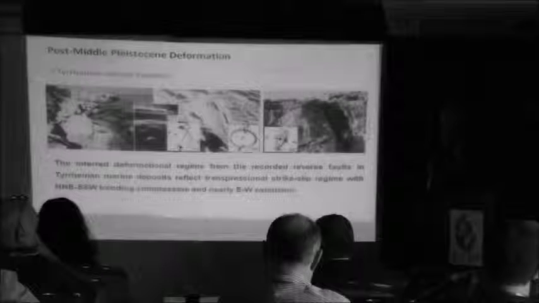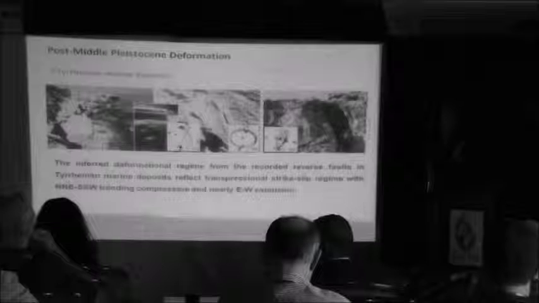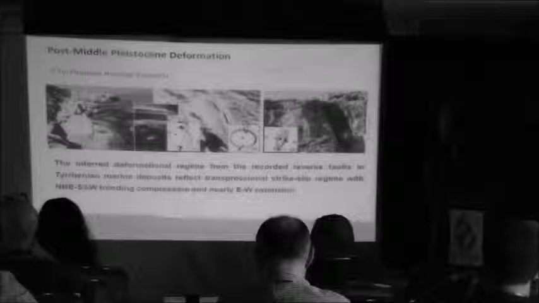Late Pleistocene deformation, as you see in the Quaternary Tyrrhenian marine deposit on the oriental coast of Tunisia, shows strike-slip faults, reverse faults, and extensional normal faults.